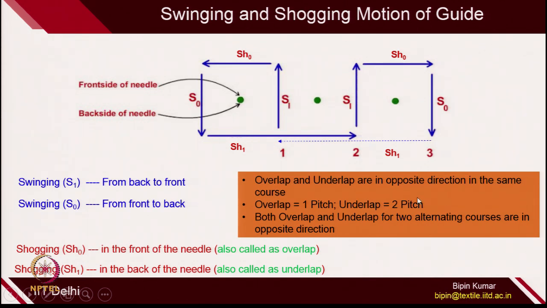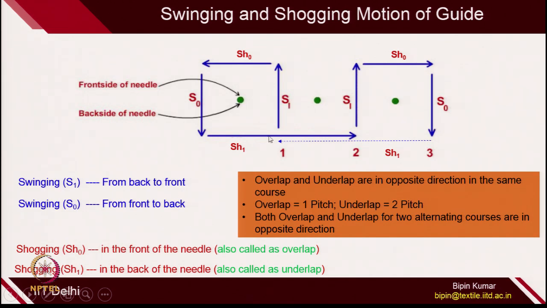So, two pitches you are shifting at the back side, and both overlap and underlap for two alternating courses are in opposite direction. This was the first course where the loop was being formed. The shogging motion was from right to left, the overlap motion was from left to right. So, these two arrows are in opposite direction.